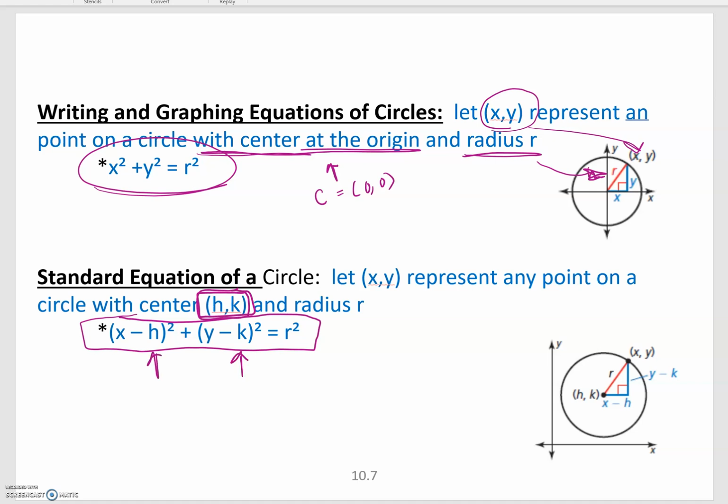This is the x value of the center and this is the y value of the center. Everything else stays the same, so don't touch the x, don't touch the y. Those are standard in the equation, so they stay in the equation. Then you plug in your radius, and that is the radius squared.